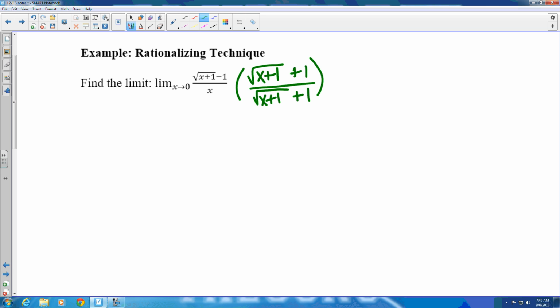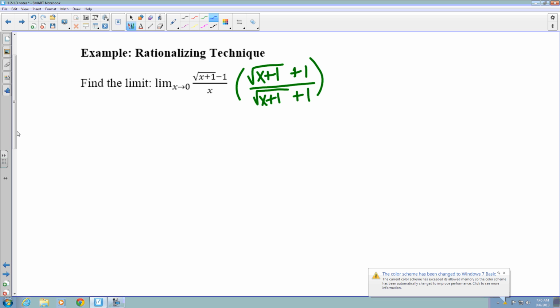We have to do both because that's pretty much just multiplying by 1, and that's not changing our function at all. So when we have to FOIL this through, it does look like a pretty gross function to FOIL, but because they're opposites, we know that we don't have to do those inside terms because they're going to cancel anyways. So all we need to do is the first two, which is square root of x plus 1 times square root of x plus 1, which is the square root of x plus 1 squared, and minus 1 times 1.